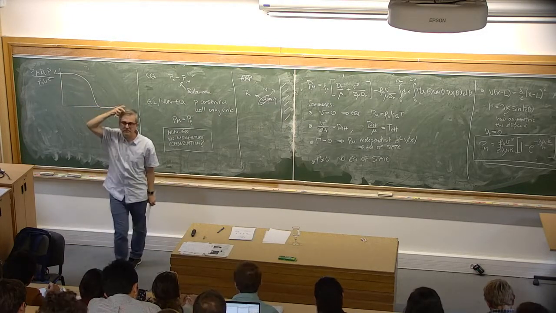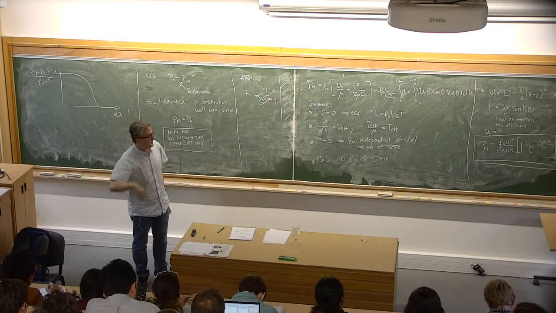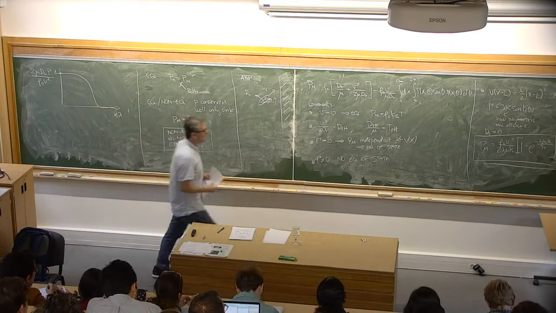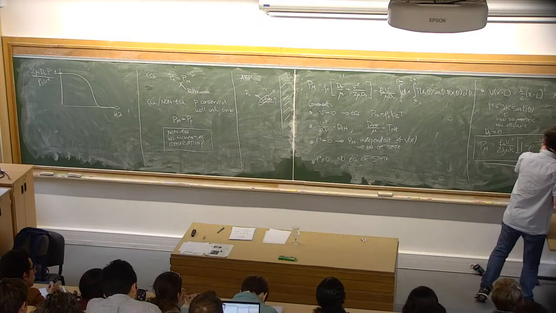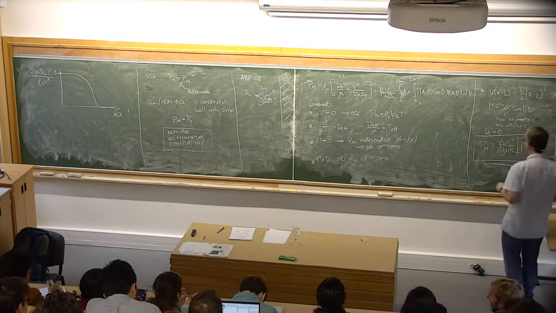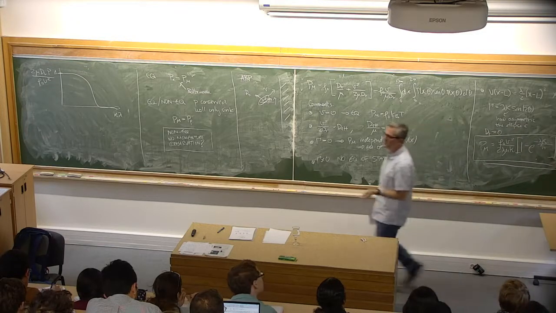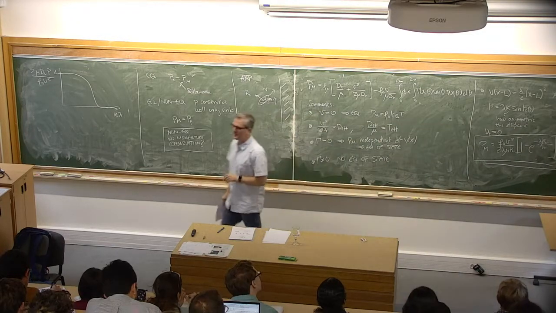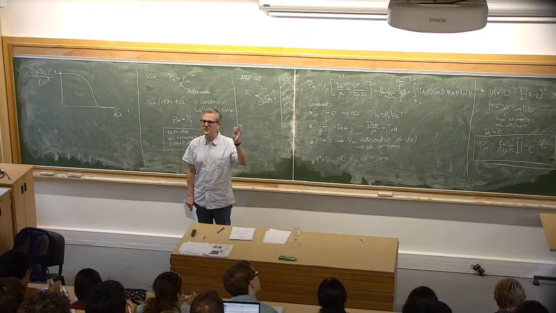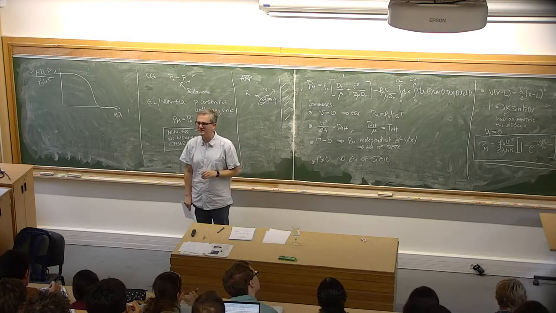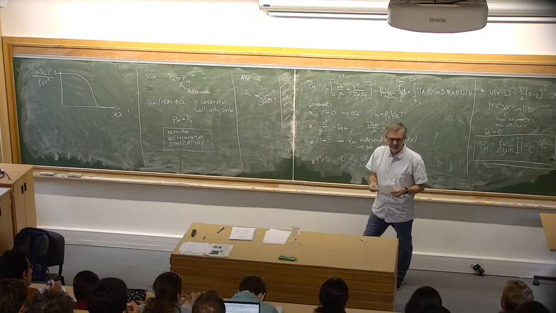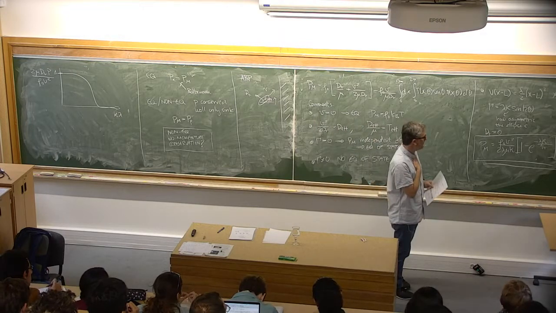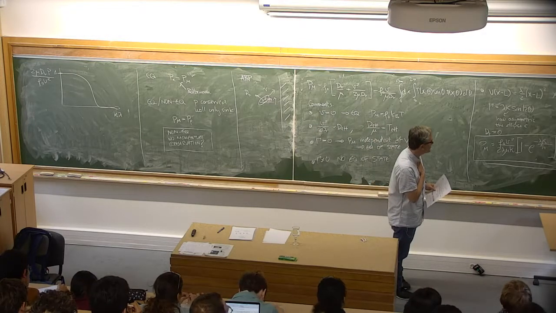Yes? What is mu r? Very good, thank you. Mu r is 1. I got rid of it in my notes, but when I took this equation, I left it in. It's a rotational mobility. Okay, thank you.